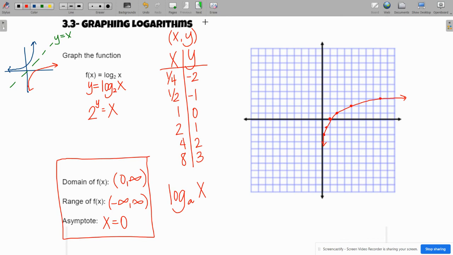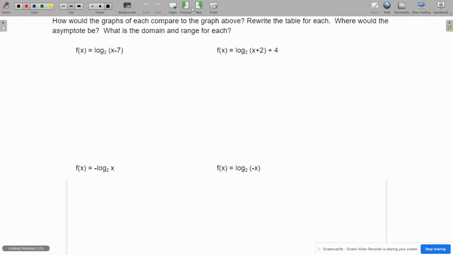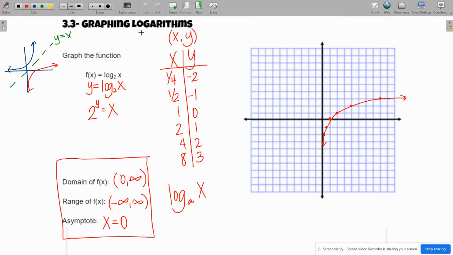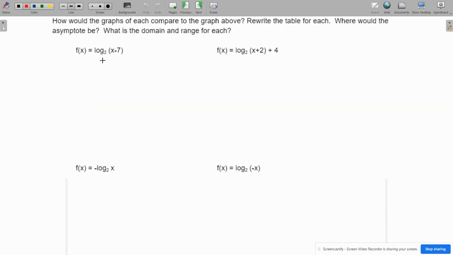So if we want to take this a step further, we had log base 2 of x, but now we're taking the log base 2 of, in this case, x minus 7, or x plus 2 and then adding 4 outside of it, or taking log base 2 of negative x, or the opposite of log base 2. So all of these are transformations of the original function y equals log base 2 of x.